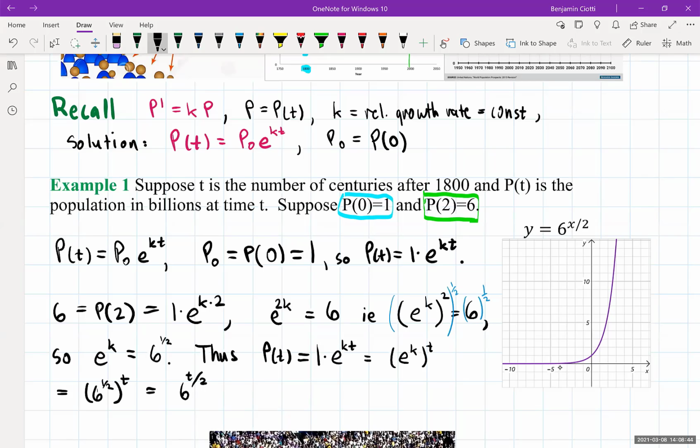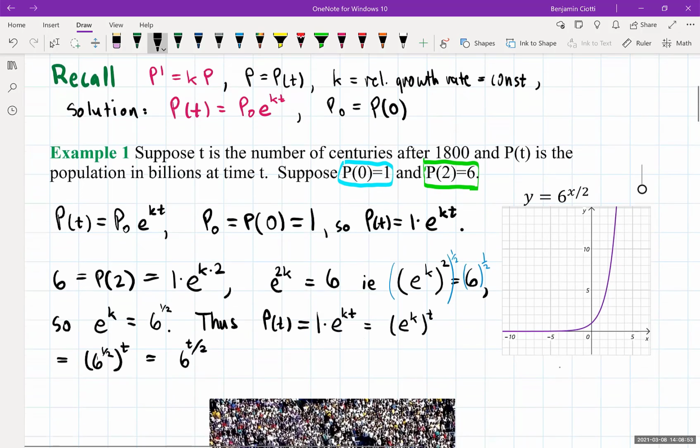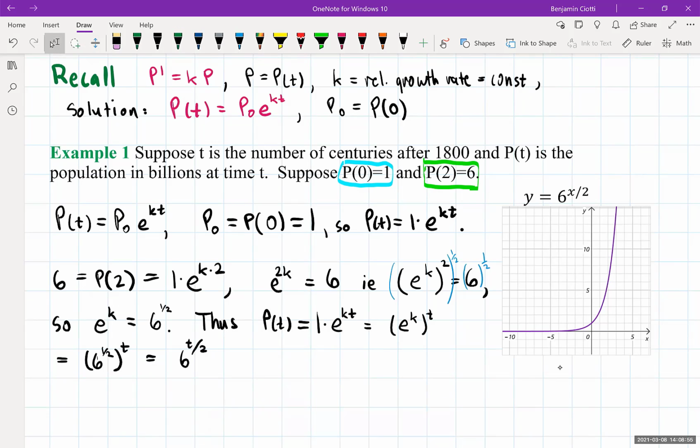So I just found the population at time t. We can use this now to, say, predict what the population will be at any other time. Oh, and by the way, notice this graph right here of what our population as a function of time looks like. It's an exponential graph. This is an exponential function.